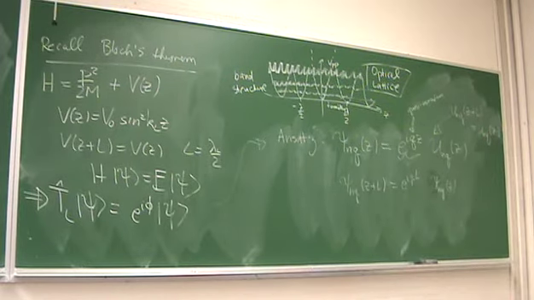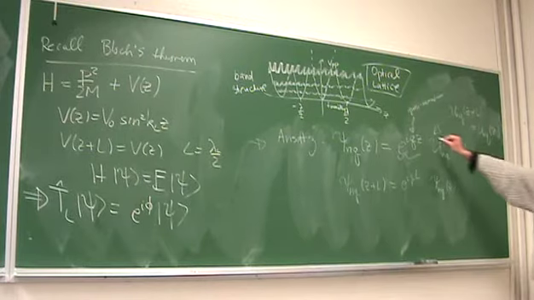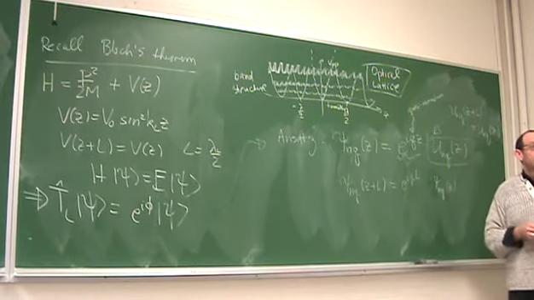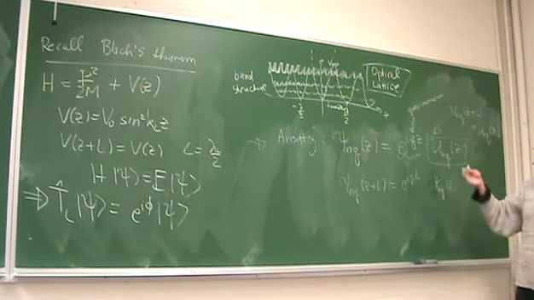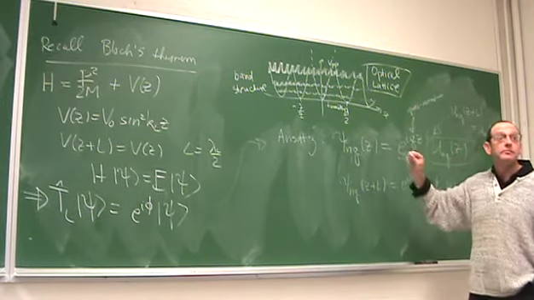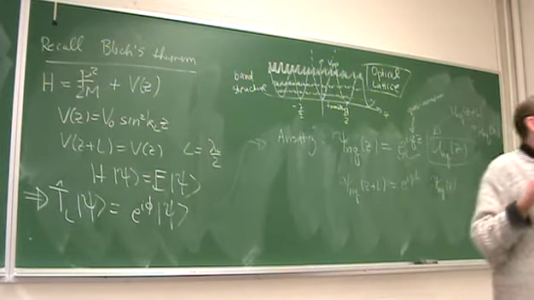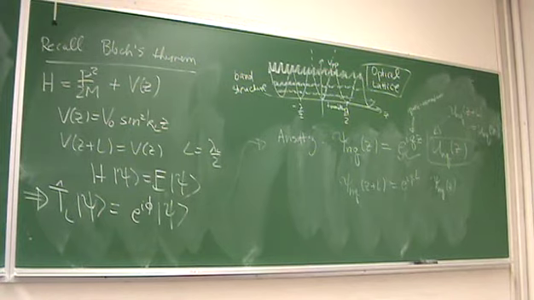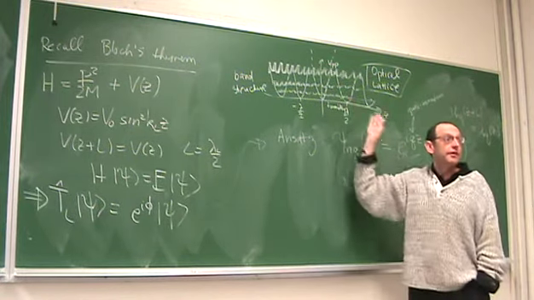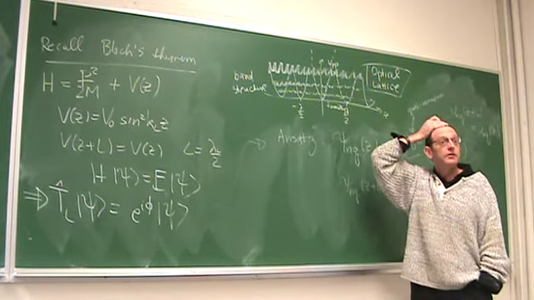So as you recall, in a periodic lattice, the particles look kind of like plane waves, but modulated by periodic functions. And these are known as the Bloch functions. And that gives rise to the band structure associated with the energy levels inside this periodic potential.